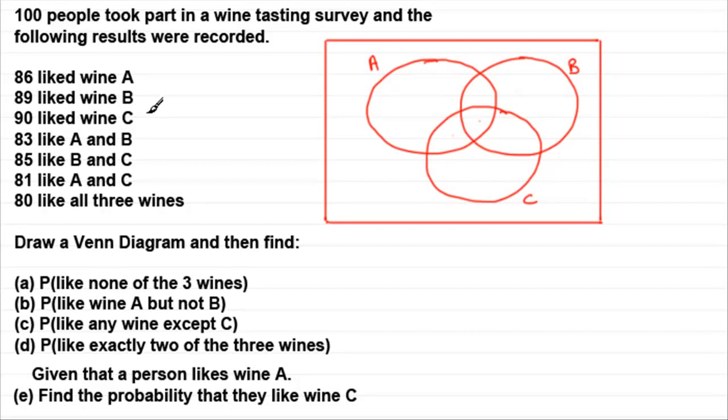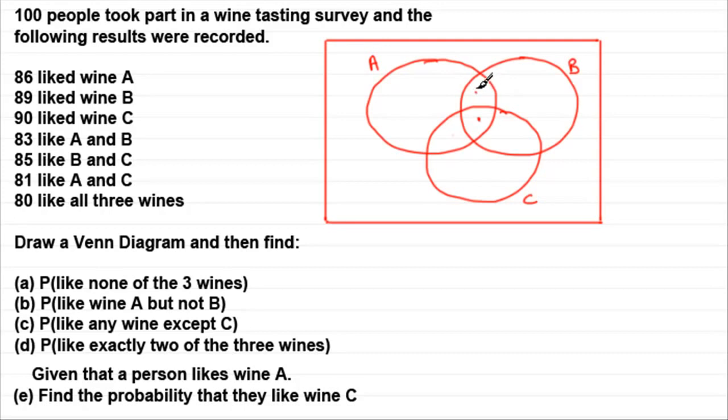Now, what about this 83? 83 like A and B. Well, A and B is this region in here. Okay, I know some of these people might like C as well, but that's not the point. They certainly like A and B. So again, we've got a problem.